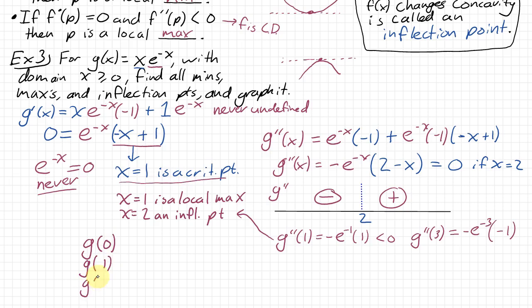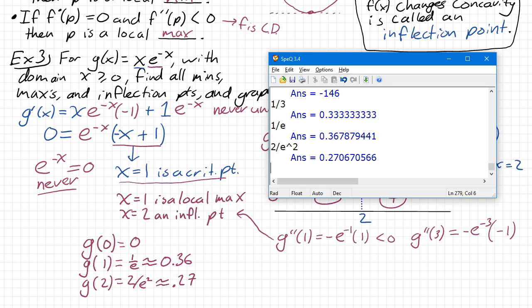And let's plug in the inflection point as well, and we'll get some estimates here. So that's what I got here. G of 0 is 0, g of 1 is 0.36, and g of 2 is 0.27. And that gives you basically enough to graph it.